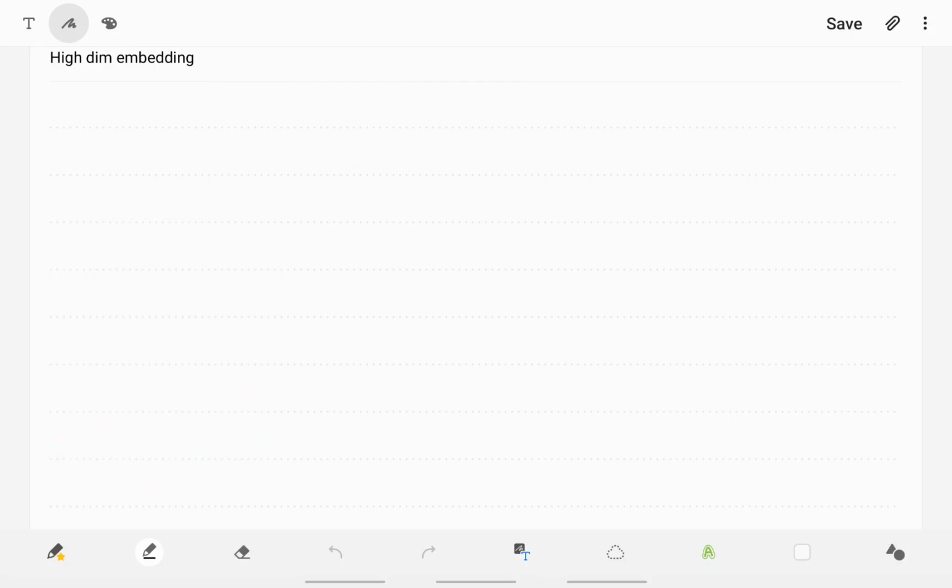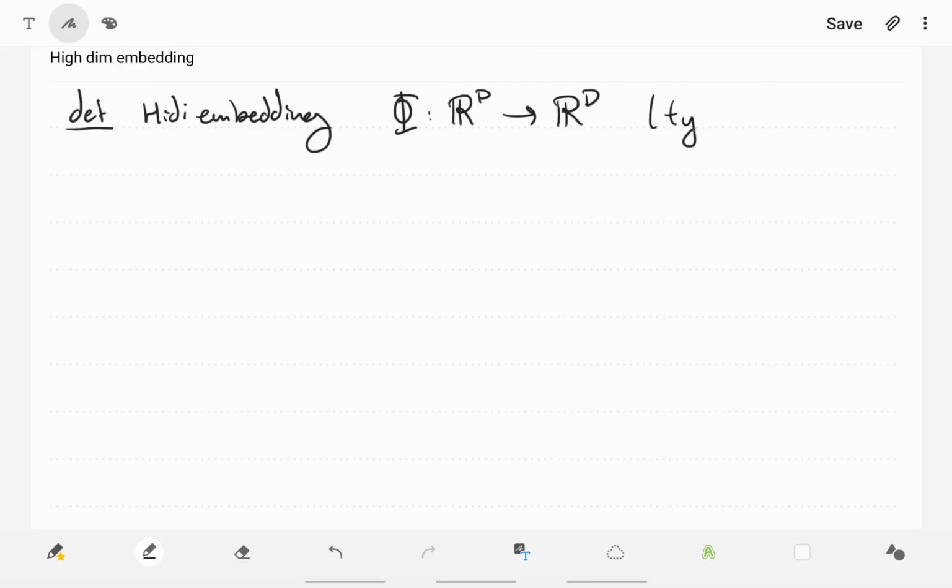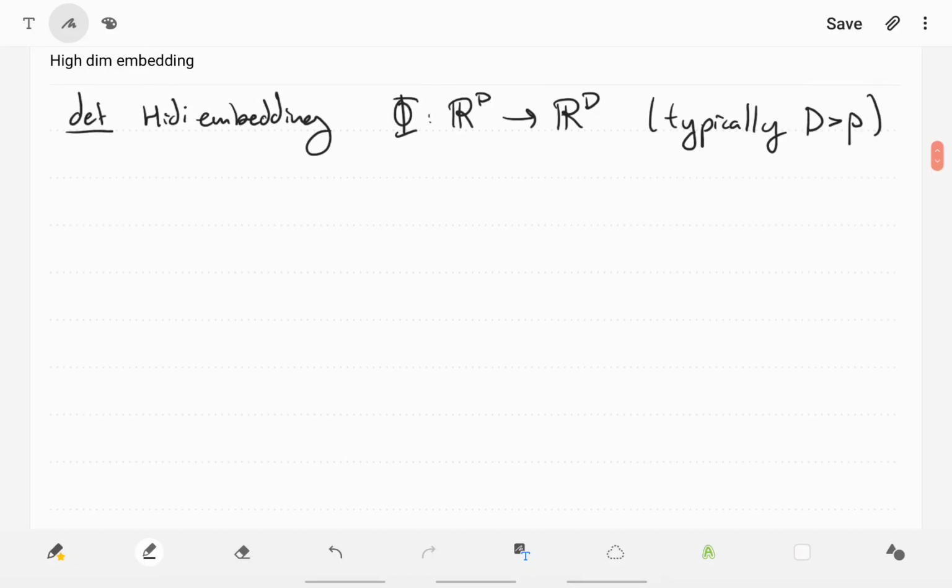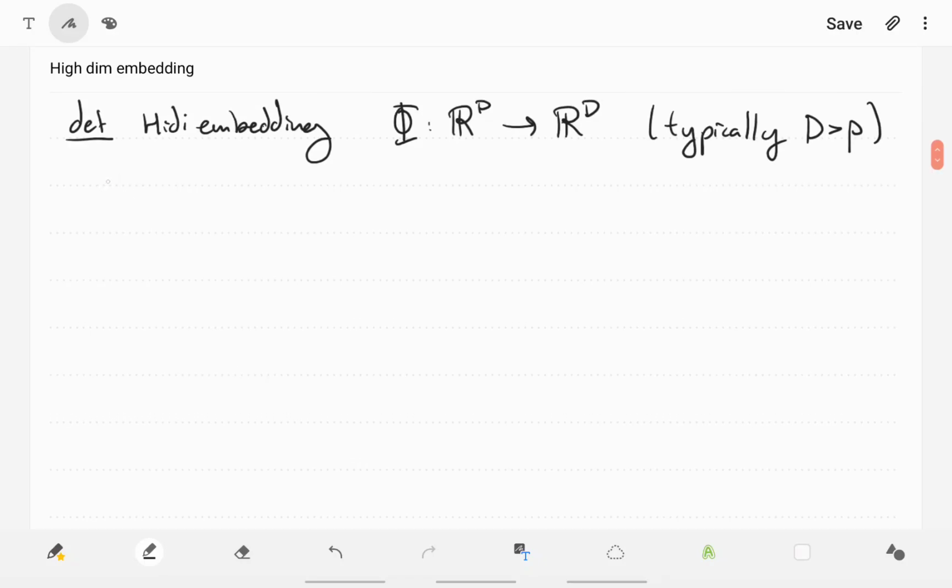A high-dimensional embedding is just some phi function which maps our feature space, R^p, into some R^d, where typically d is greater than p.